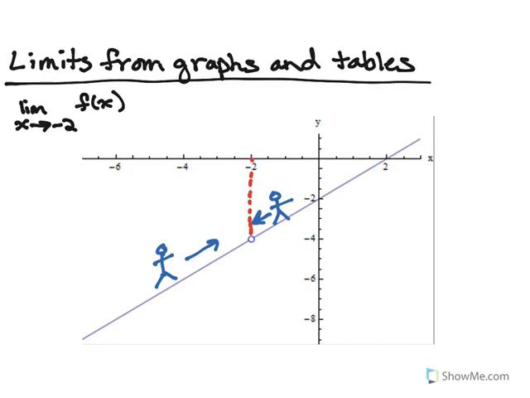So they're walking down the sidewalk towards each other, and they get to -2, and there's a huge pothole in the sidewalk. It's huge. It's too big to walk over it, but they can lean over it and shake hands. Okay, so if they lean over that hole and they shake hands, at that spot, what y value would they be at? -4. They would be at -4.